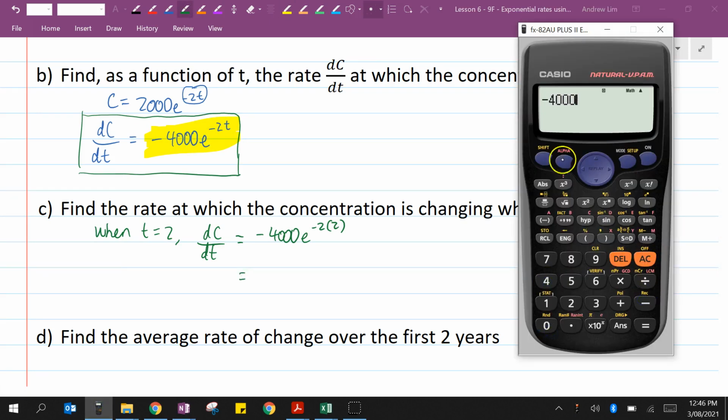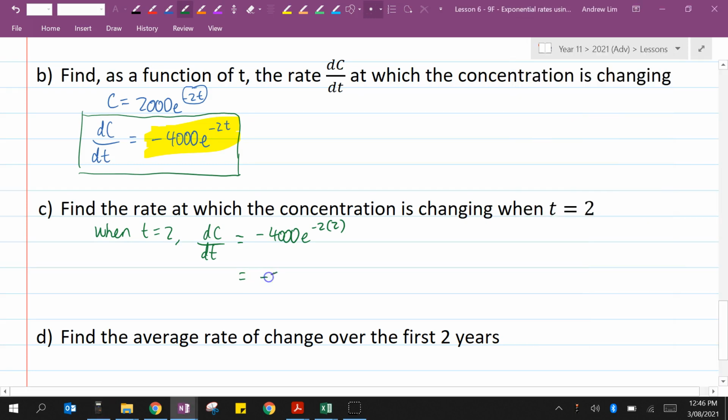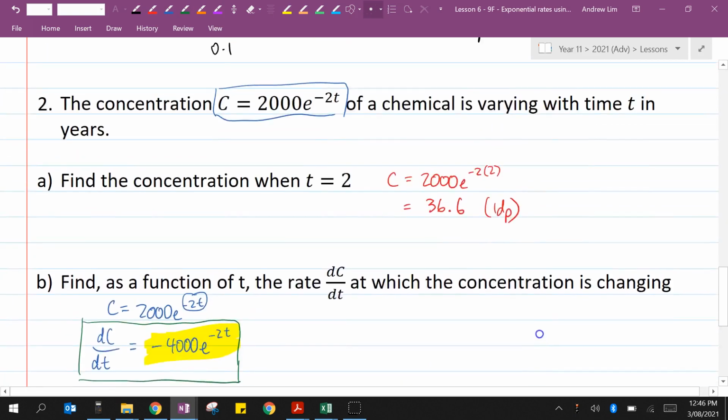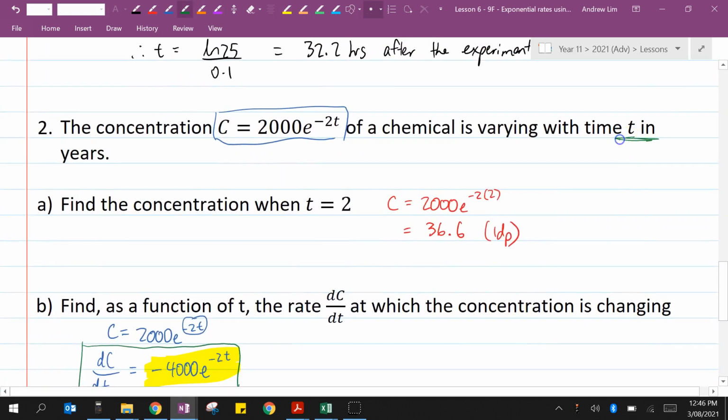Negative 4000 e to the power of negative 2 times 2, which is negative 73.26. And whatever the units is, it could be grams, it could be milligrams, not too sure, but whatever it is, I'll just say units per year, because according to the question, t is in years.